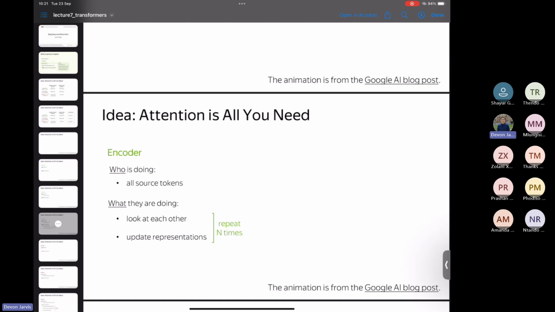And so if I look just at that embedding for bank, it's going to be quite imprecise. It's going to be overly general because it needs to accommodate all uses of the word bank. So what am I going to do? Well, I'm going to look at the other words in my sentence to try and see which version of bank I'm actually talking about at the moment, and then update that token representation to be more specific. And then on top of that, I'm going to do this repeatedly.